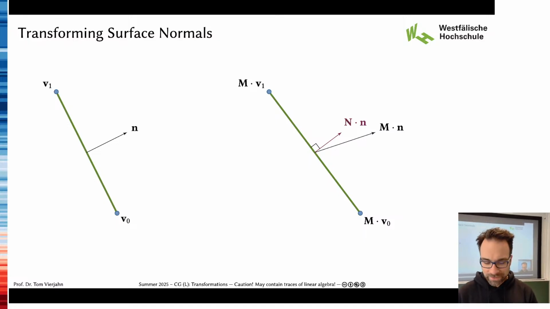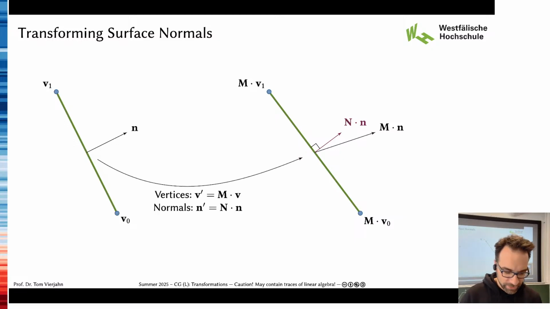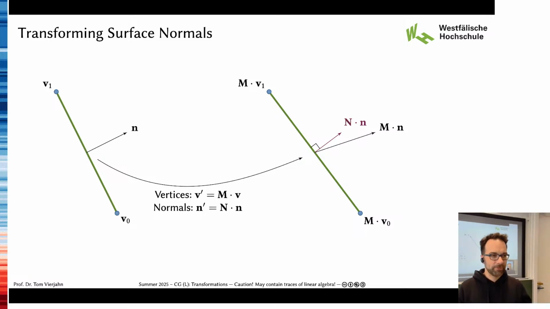And so it seems there needs to be a different matrix at work, a different transformation matrix at work, this one n, that transforms the normals, in order to keep them perpendicular to the surfaces. Right? So basically, vertices transform the way we did last week. We need to find an alternative way to transform normals. Any idea how to do that?